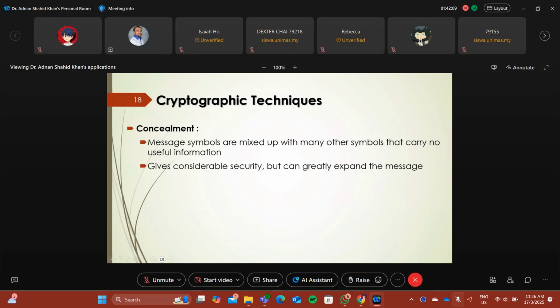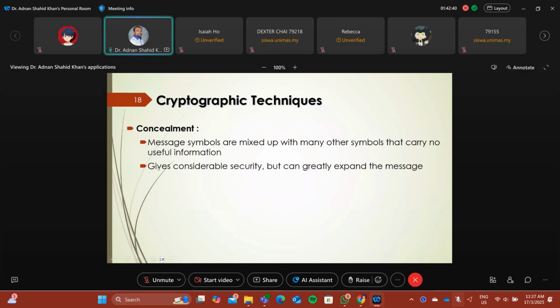Concealment: the message's symbols are mixed up with many other symbols that carry no useful meaning. For instance, we have Adnan, A, D, A, N. I just top up with P: A, P, D, P, N, P, A, P, N, P. So I add an unnecessary character P after each symbol to try to hide Adnan.